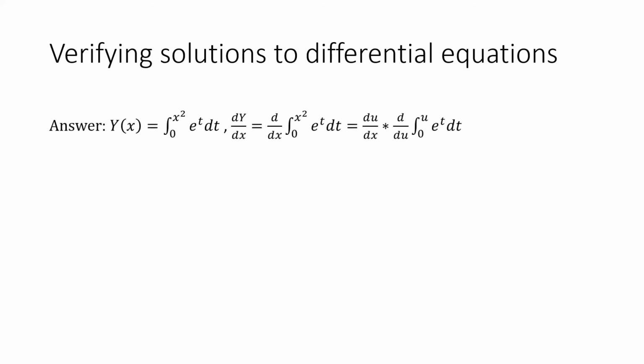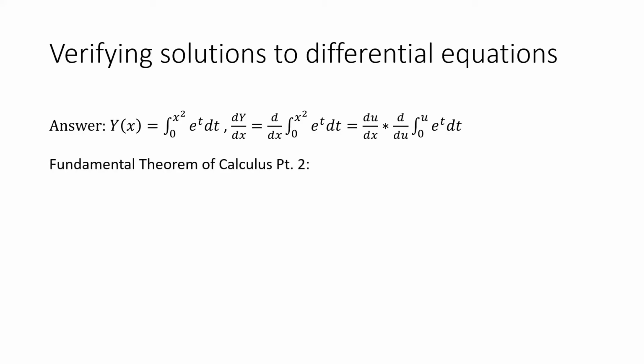Alright, so first, we're going to take the derivative of this expression. We're going to first start by doing a little bit of substitution. u is equal to x squared, right? We're just going to do a little variable swap for simplicity.